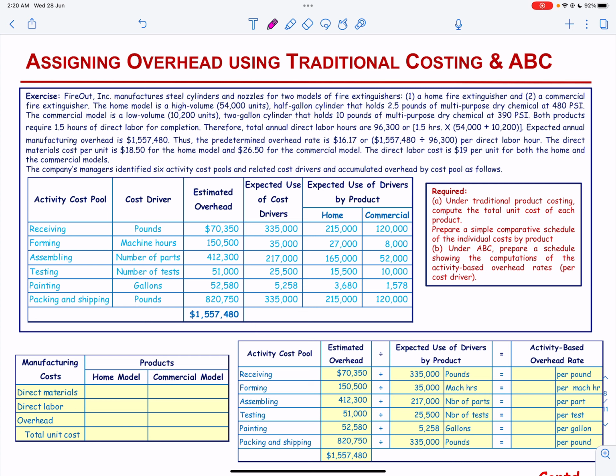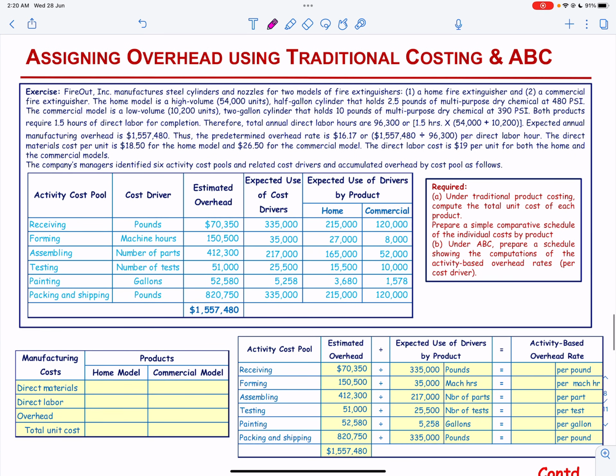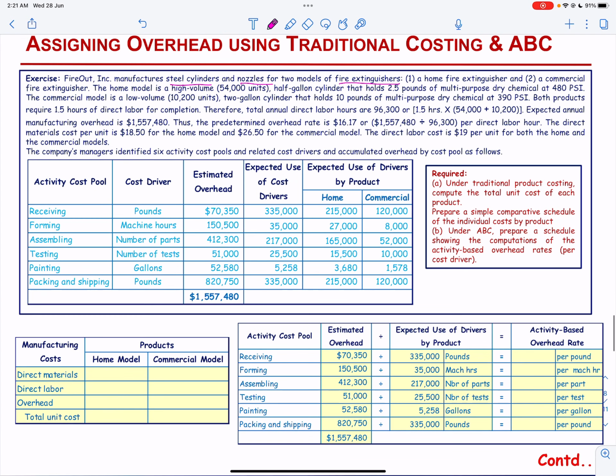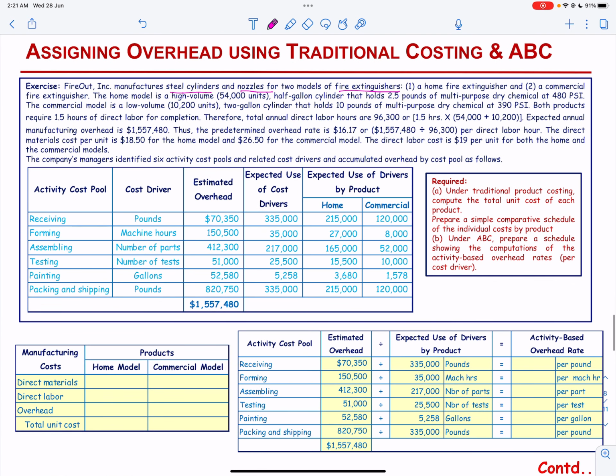Okay. Now, Fire Out Incorporation manufactures steel cylinders and nozzles for two models of fire extinguishers, a home fire extinguisher and a commercial fire extinguisher. The home model is a high volume 54,000 units half gallon cylinder that holds 2.5 pounds of multi purpose dry chemical at 480 psi.